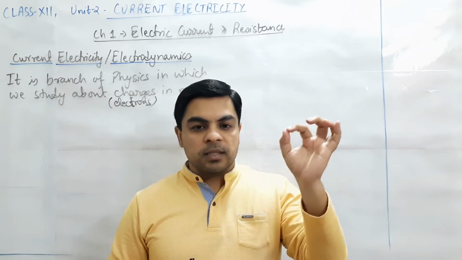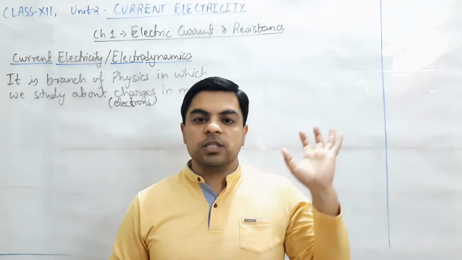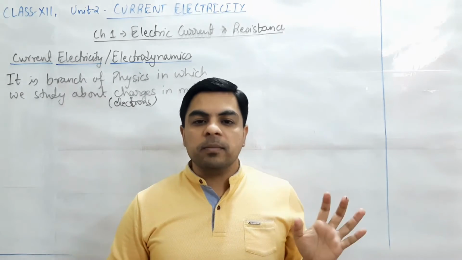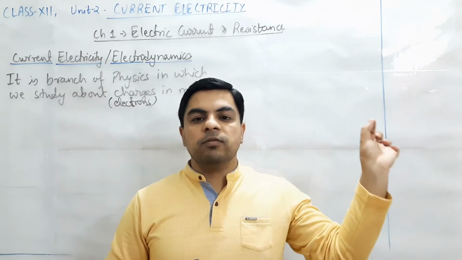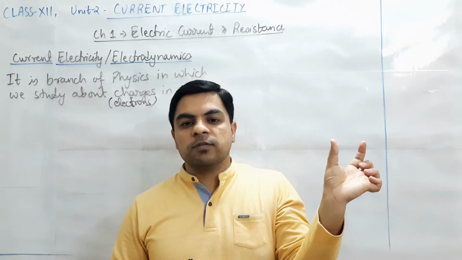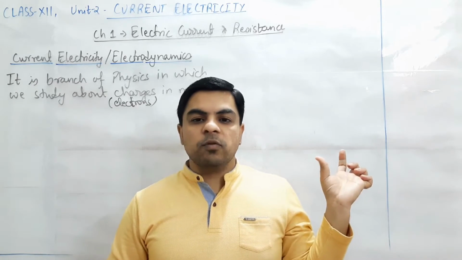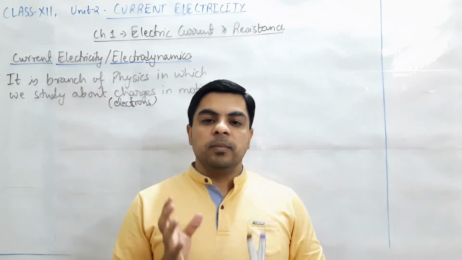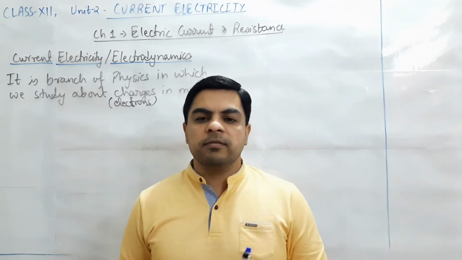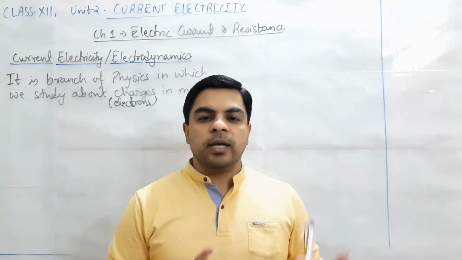Rate means divided by time, and for what factor it is used, it is the rate of flow of charge. So what amount of charge is flowing, and in what time it is flowing, taking the ratio of the two gives us the current directly. But that was the simple concept which we studied in the junior classes.